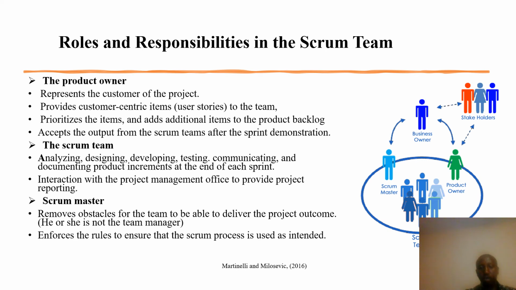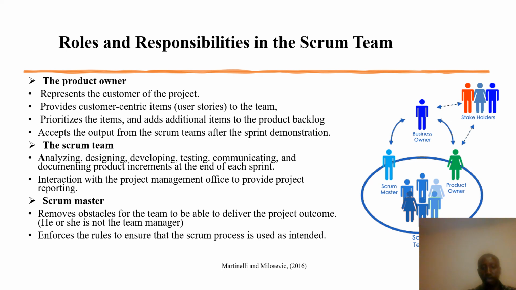The Scrum team is in charge to analyze, design, develop, test, communicate, and document the product increments at the end of the sprint, and interact with the project management office to provide the project reporting.